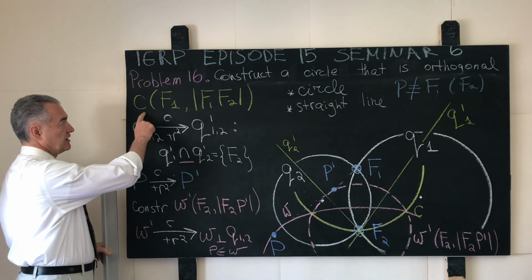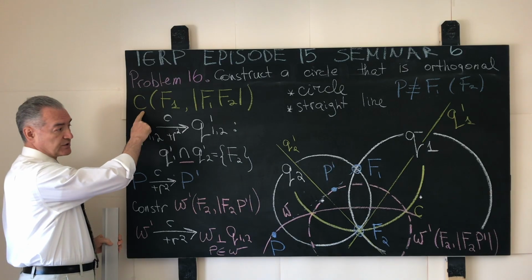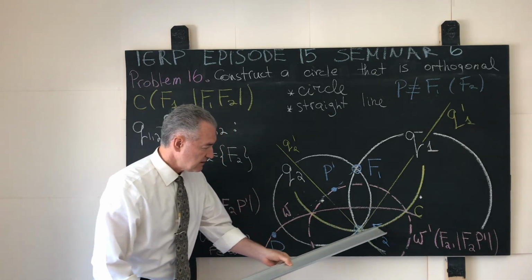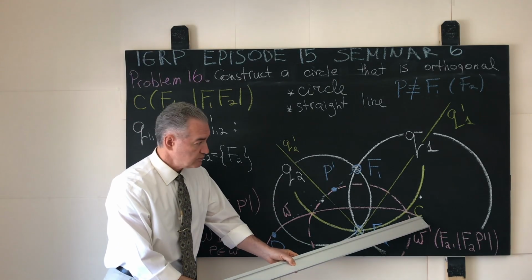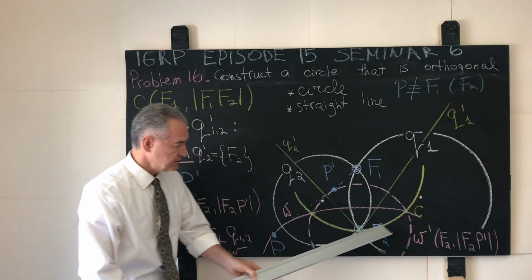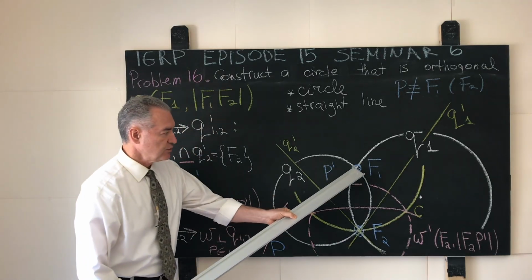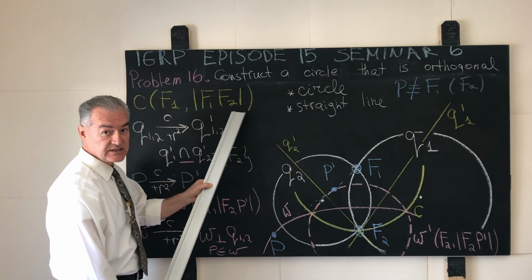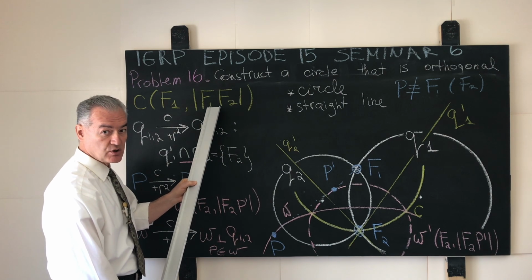Look at this. Again, in this olive color, I designated the circle of inversion lowercase c. That circle is shown partially in olive right here, and the lowercase letter c over here. Don't miss that one right here. So this is the circle, and it has the point F1 as the center, and the distance between the distinct points. Remember, these points are distinct. This is the case that we are covering.